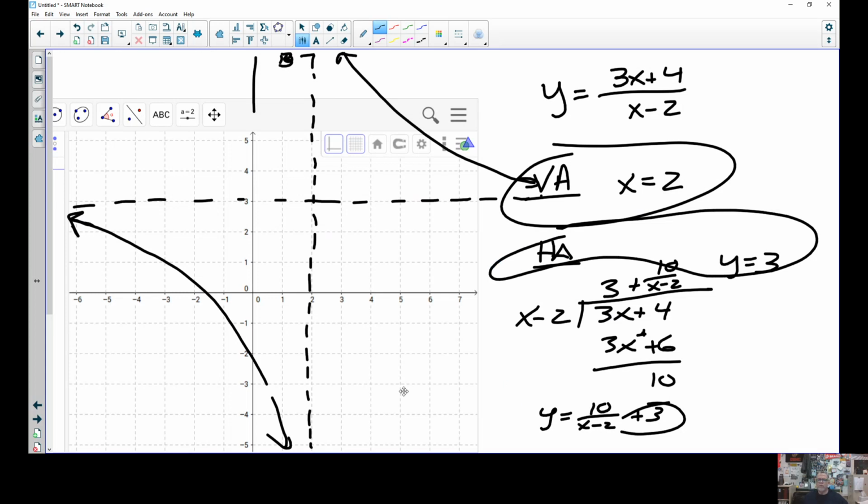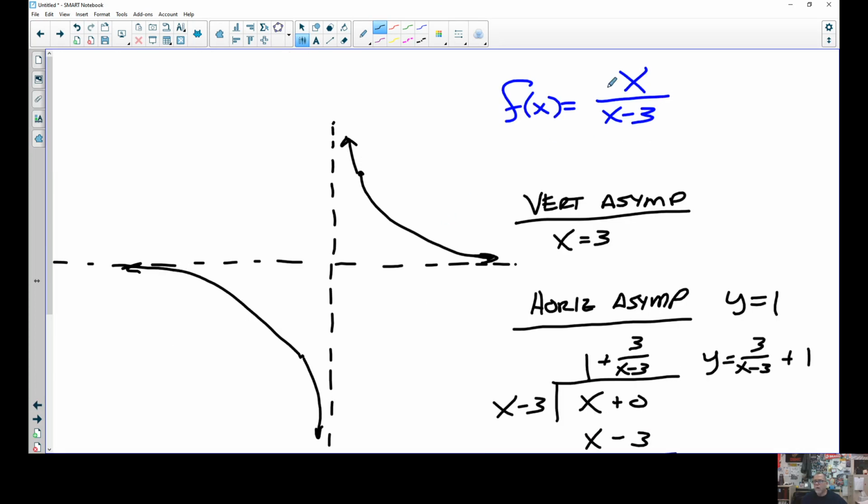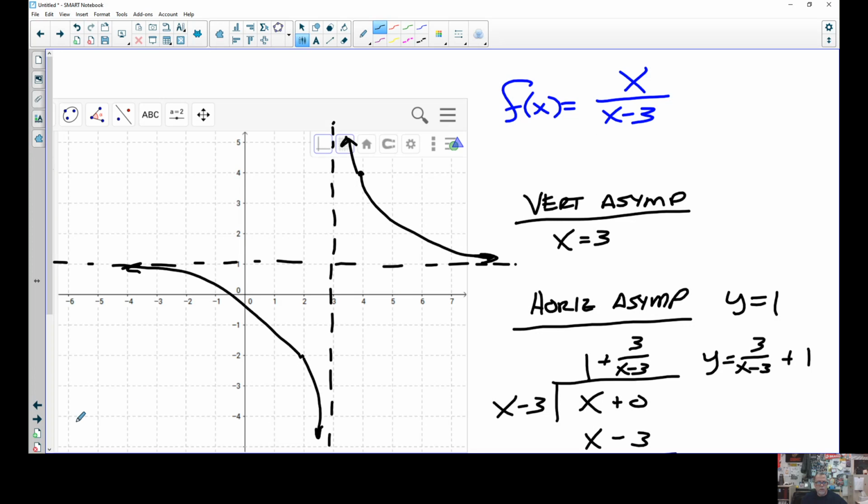Okay, so I want to go back and look at something here. If you notice a characteristic of this function, the degree of the polynomial on top is the same as the degree on the bottom. This is degree 1 because the highest power is 1. This is degree 1, highest power 1. Same here, degree 1 over degree 1.